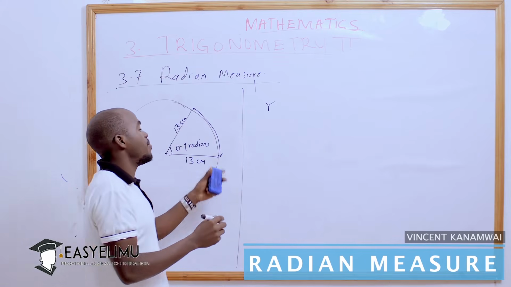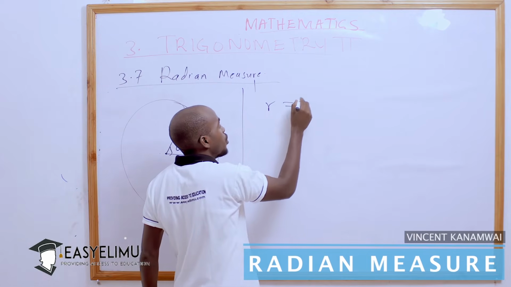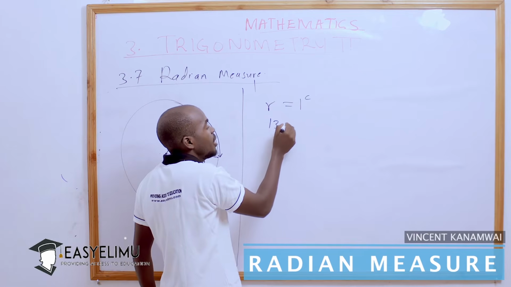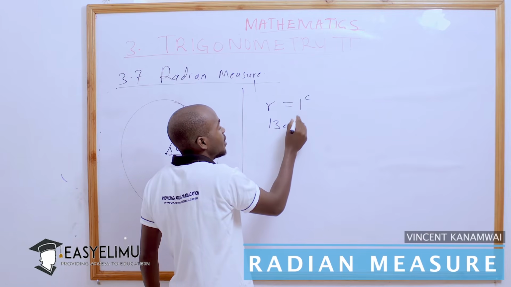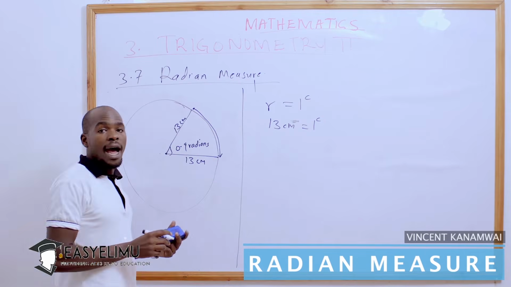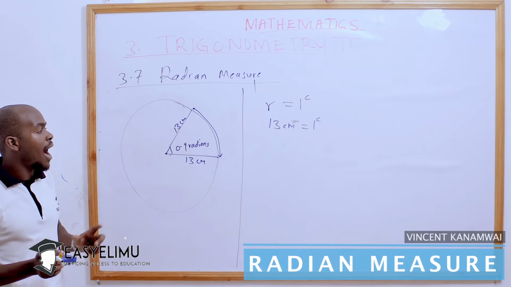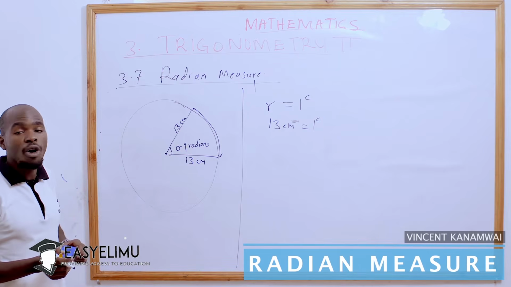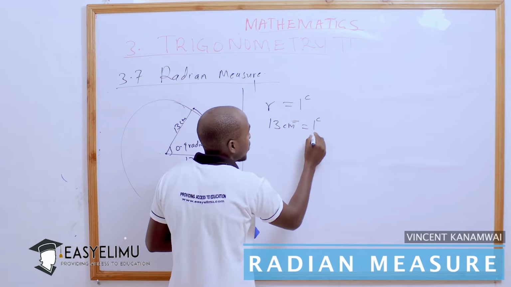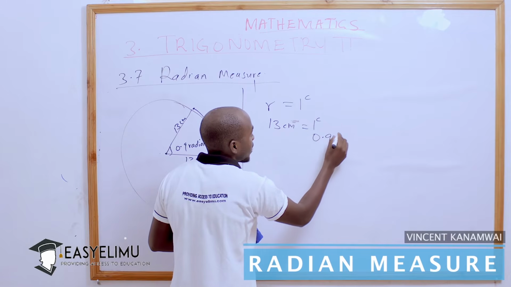But here we are having something which represents 0.9 radians.